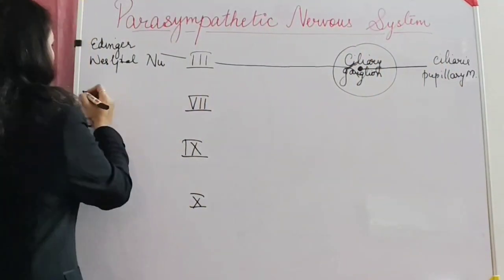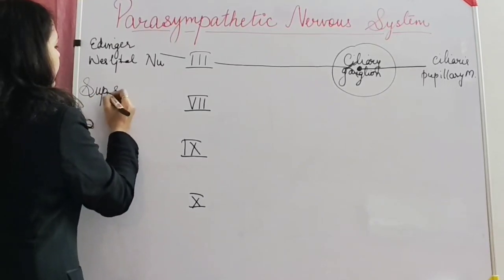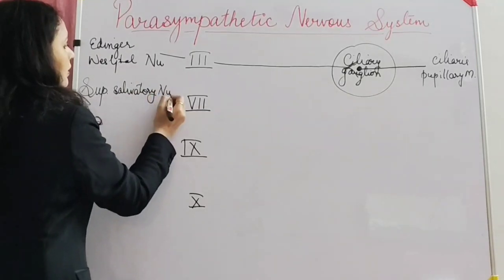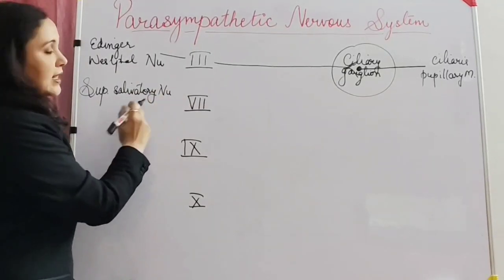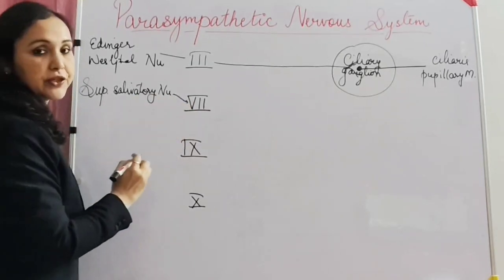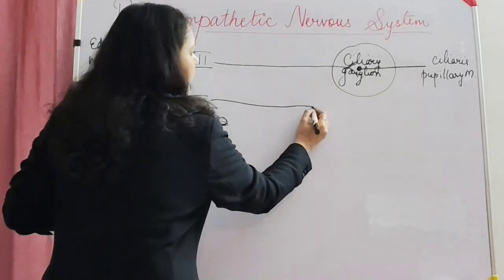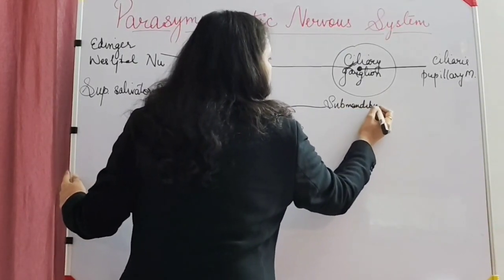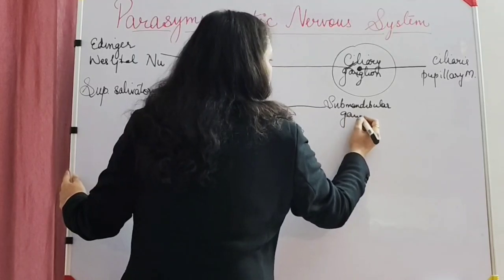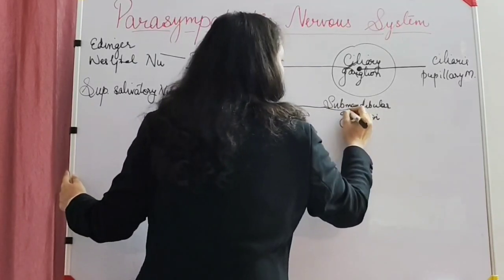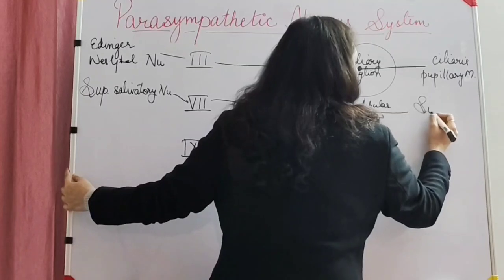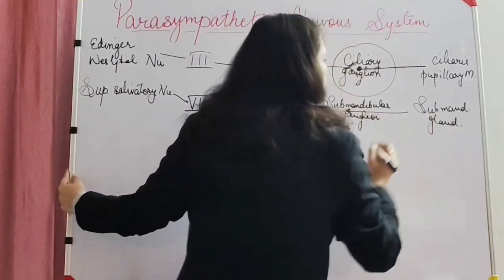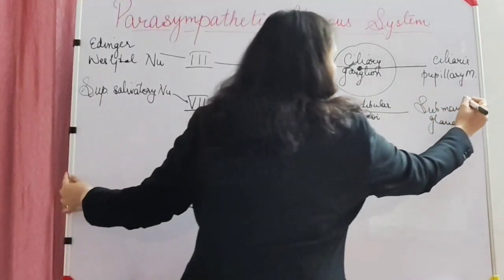Now for the 7th nerve, again there is a nucleus in the brainstem, the superior salivatory nucleus. The fibers arise from the superior salivatory nucleus, go along the facial nerve, then relay in the submandibular ganglion, and then they supply the submandibular gland. So this is how the secretions of the glands occur, the submandibular and the sublingual gland.